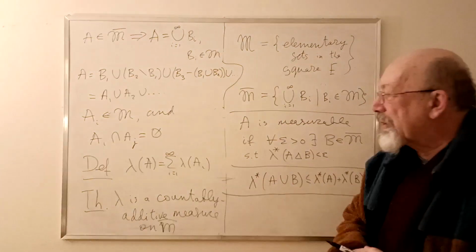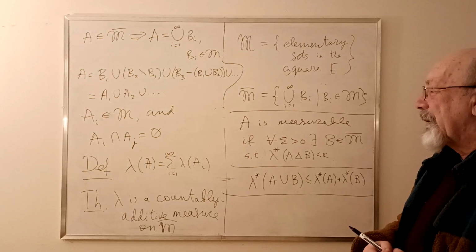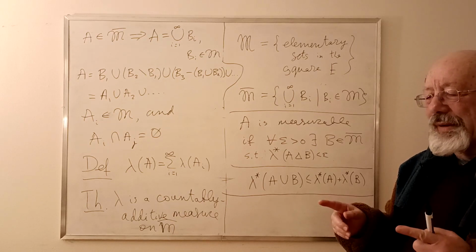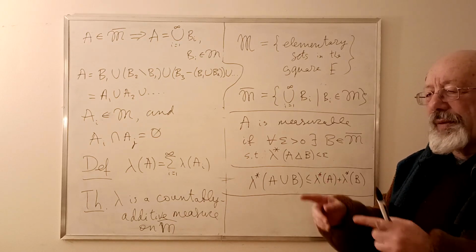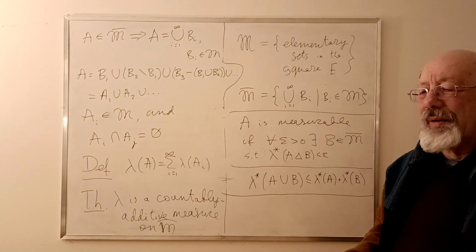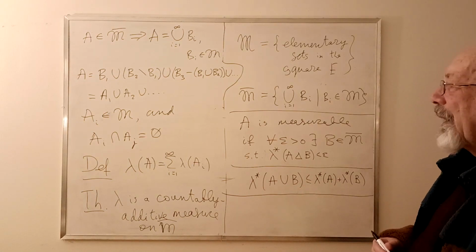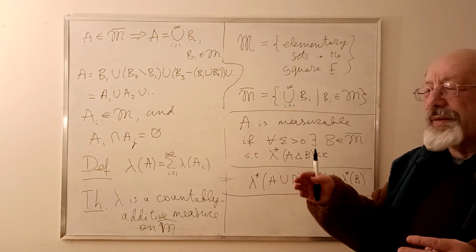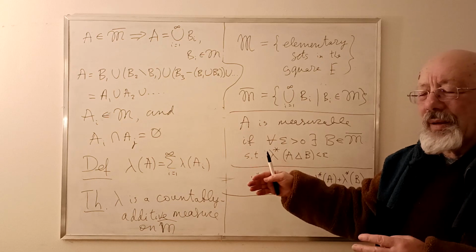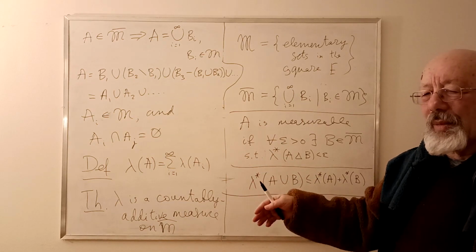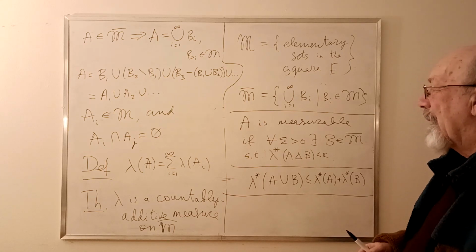And again, it is proved exactly like it was done on the line. On the line, elementary sets were a collection of a finite number of, say, intervals. M bar consists of the unions of a countable number of elementary sets, or the same, a countable number of intervals.